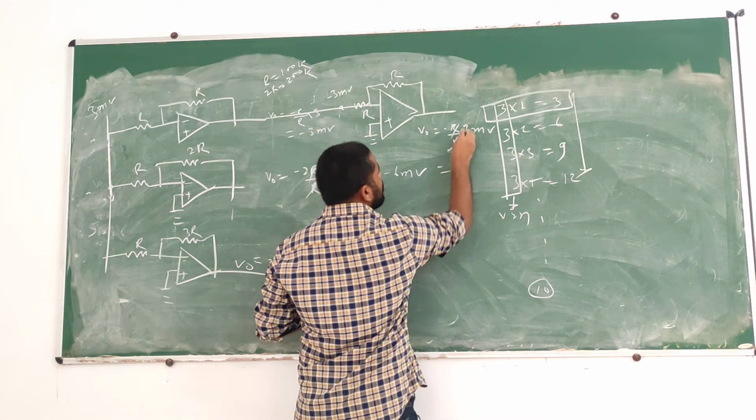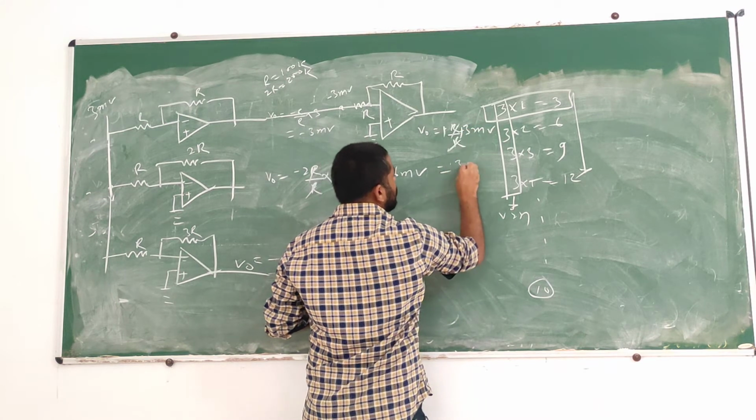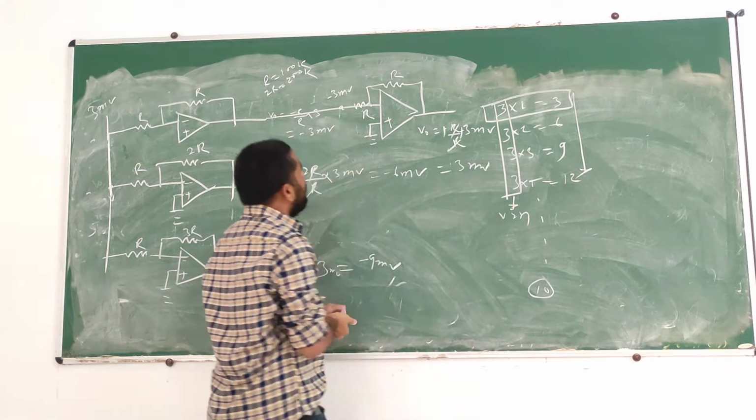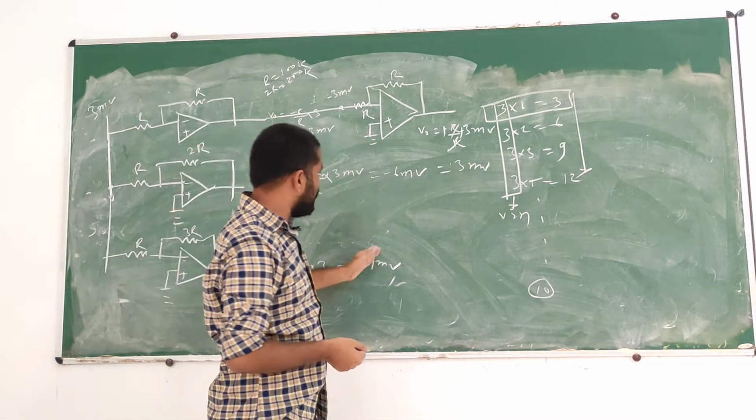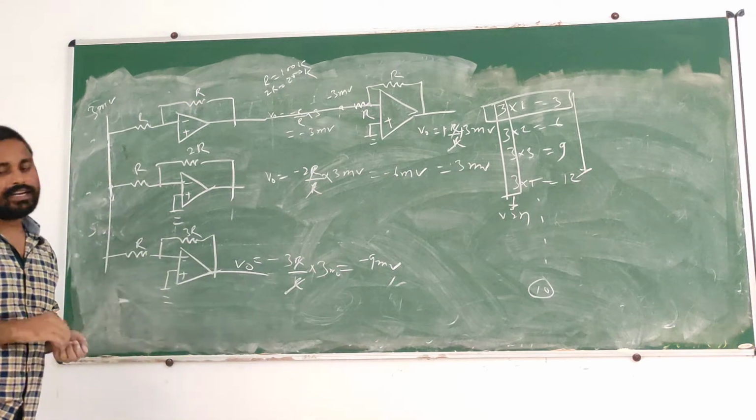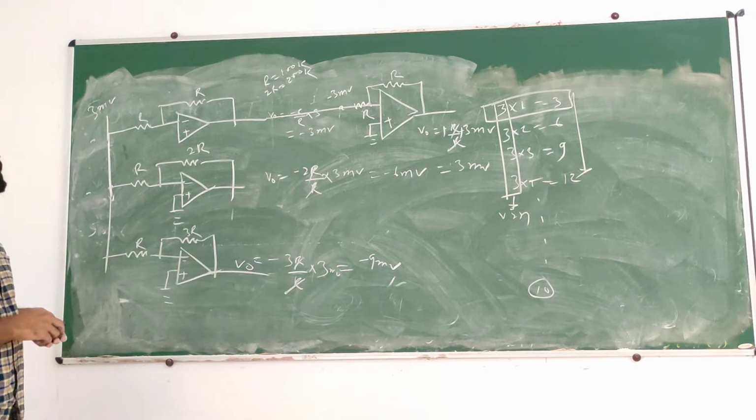This is nothing but minus minus plus 3 millivolt. So applying one more op amp everywhere, you could easily get the table of 3. Now you got the table of 3.